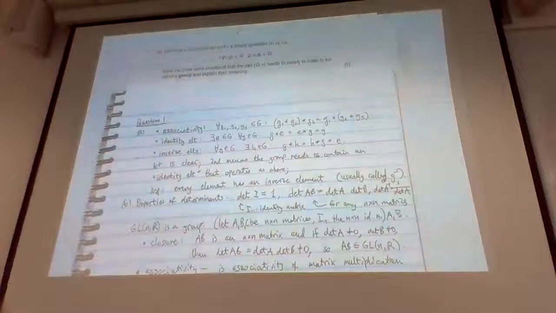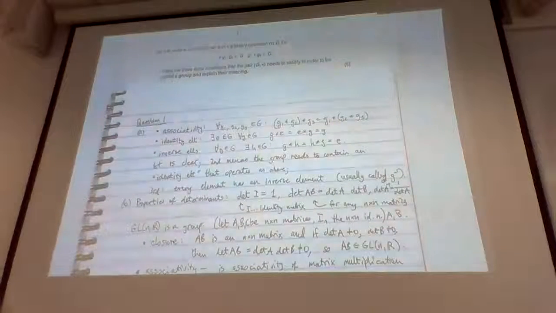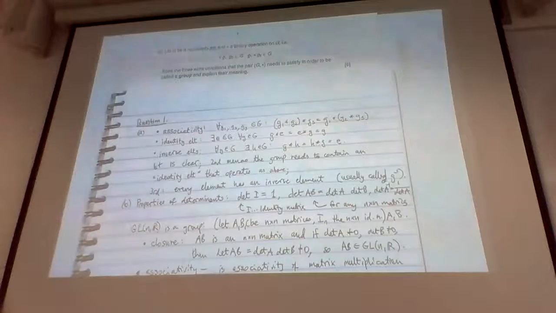Is the written bit necessary? It depends how much you write at the top. I guess where it says explain their meaning, at least a few words. That's your interpretation.